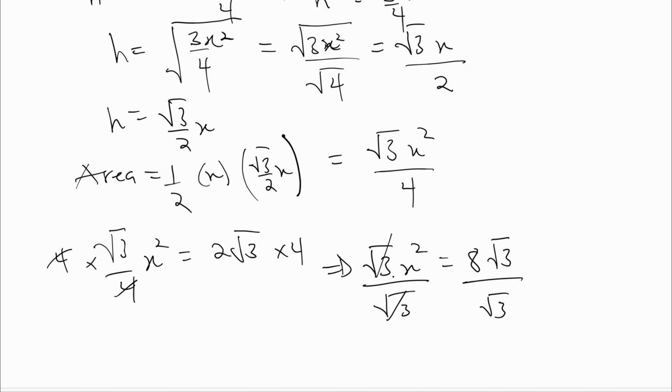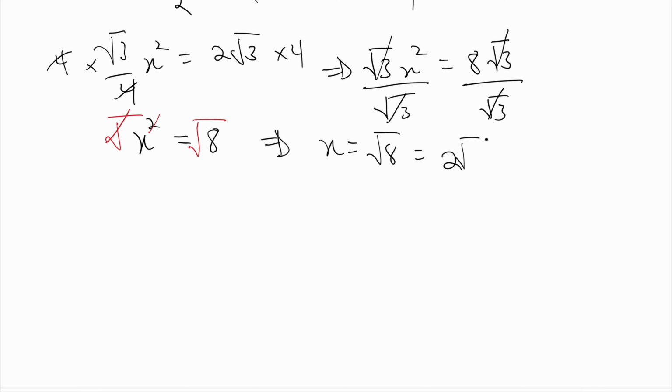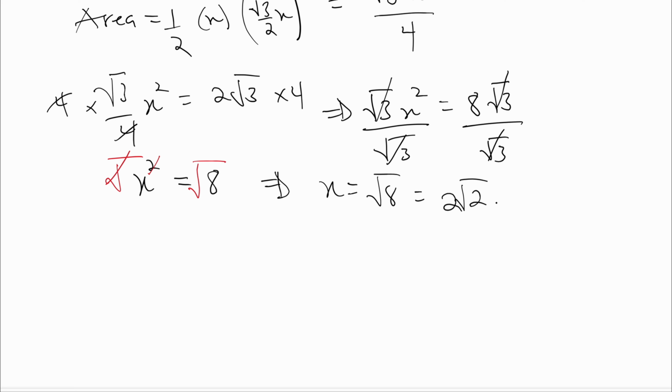This cancels this, this cancels this. So x squared will be equal to 8. So to find x, we take the square root of both sides. Square cancels this. Our x will be equal to the square root of 8, which is equal to 2 root 2 meters.